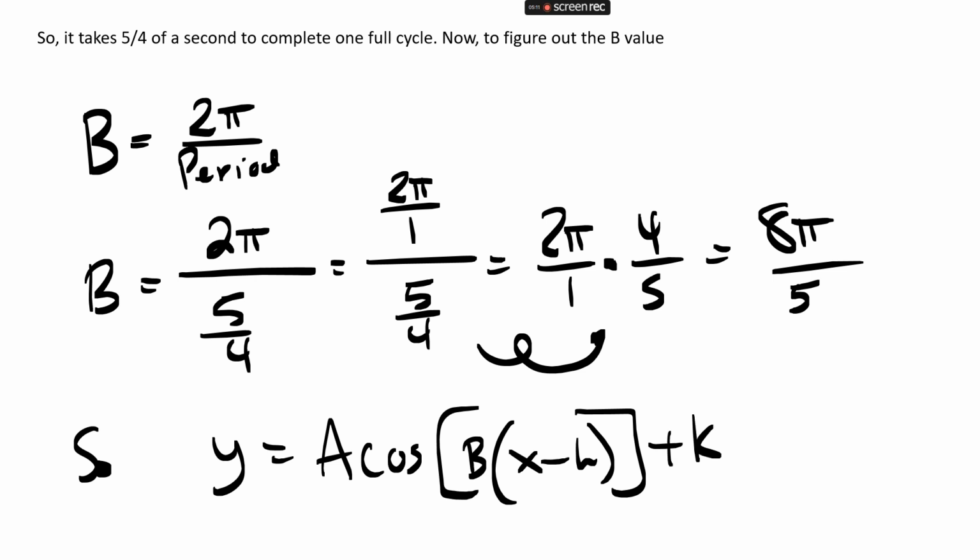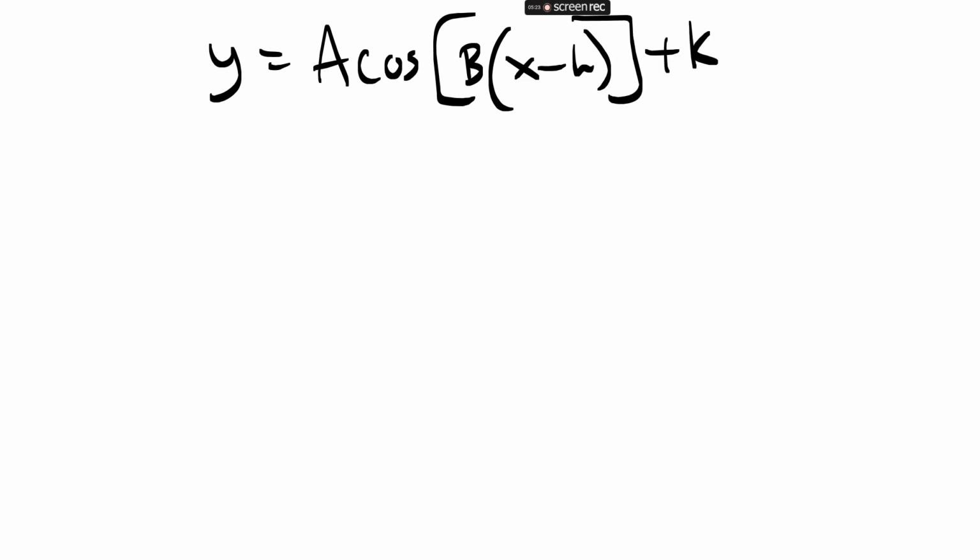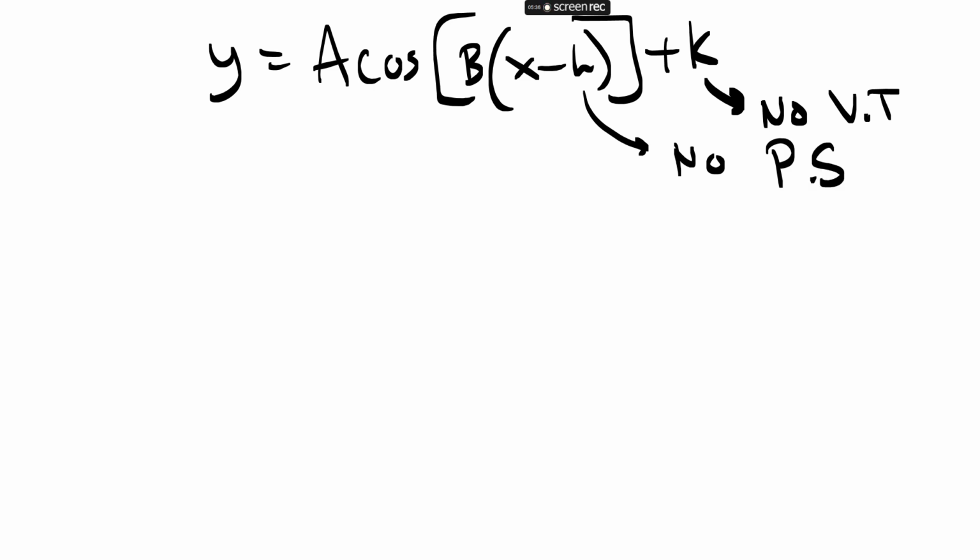So this generic formula here, and you know what, I'm running out of space, so let me just rewrite this over the next slide. So y is equal to, rewriting it pretty fast. Okay, so according to our model, since the resting stage is the middle of the graph, there's no vertical translation. And since it already begins at the high point for cosine, there's no phase shift. Therefore, I'm just going to plug in the values here. First things first, I don't have y as my variable in the problem. I have d.